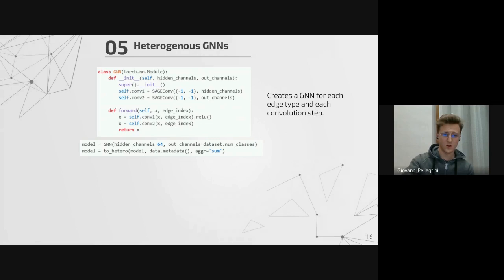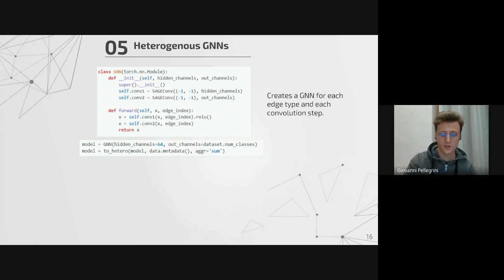The way we can convert this homogeneous graph neural network into a heterogeneous one is to use this function, which is to_hetero, in which you pass the model that you want to convert, the metadata of the data upon which this model will be applied, and the type of aggregation that will be used inside the different models. I will tell you what it means in a while.